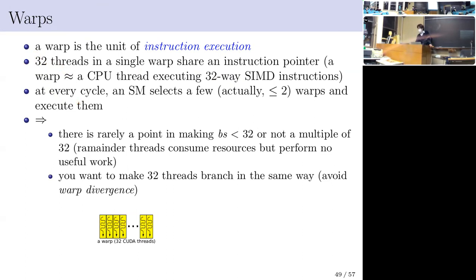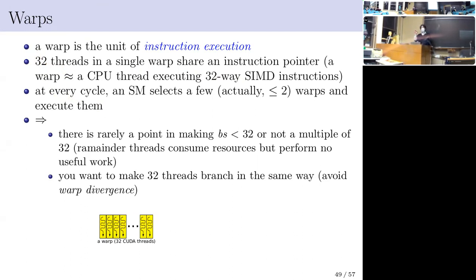So what happens at runtime is that at every single cycle, a streaming multiprocessor selects up to 2 warps that are ready to execute and executes them.